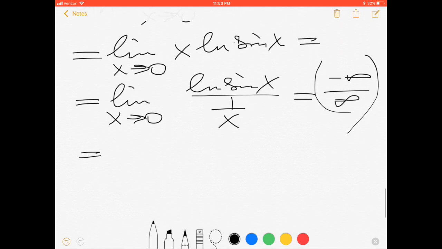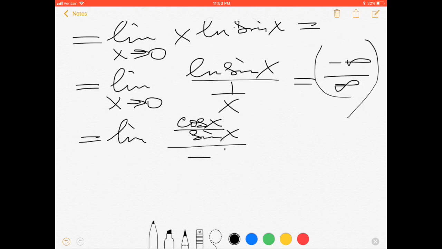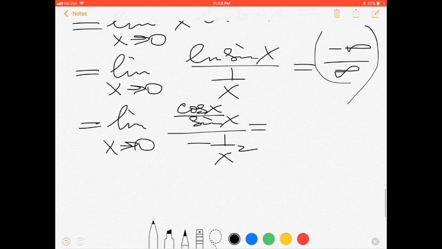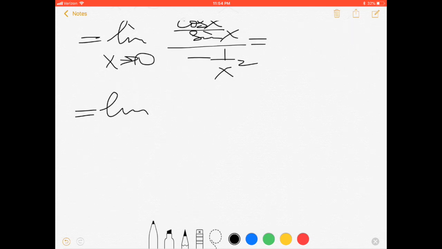Okay, we can use our L'Hopital's rule, and here it will be the limit of cosine x over sine x divided by minus 1 over x squared, x approaches 0. Write it a little more normally, and we have here the limit as x approaches 0 of minus x squared over tangent x.